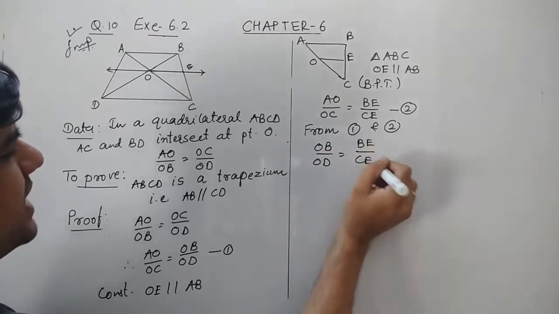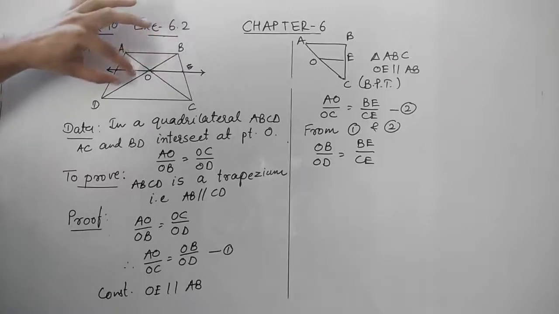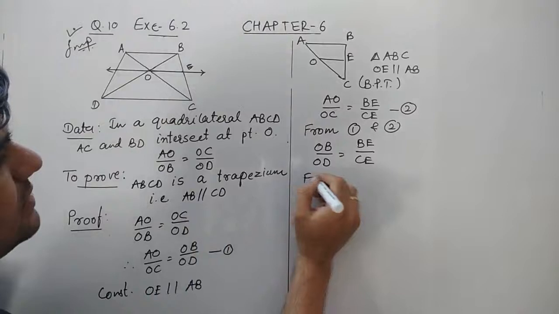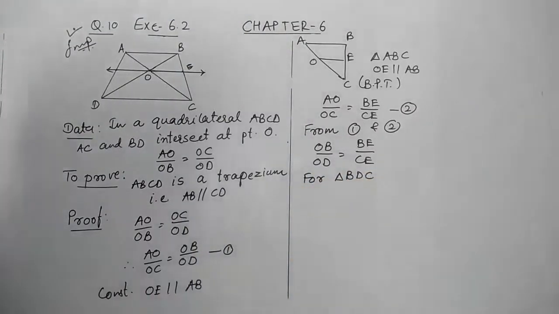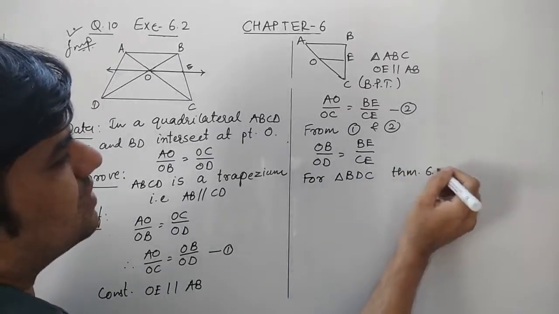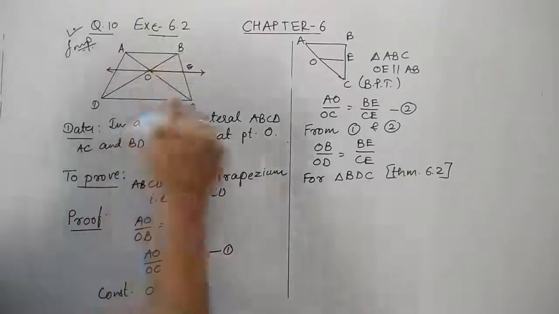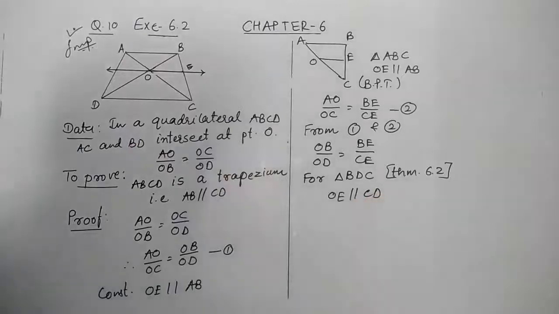Now let's come to the diagram again. Now what it says is that OB upon OD is BE upon EC. So for triangle BDC, using this theorem 6.2, which is the converse, we can say that OE is also parallel to CD.